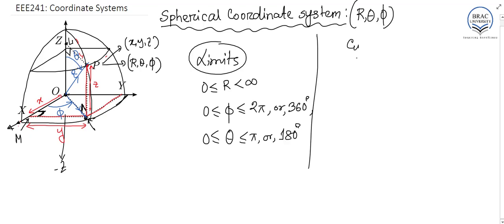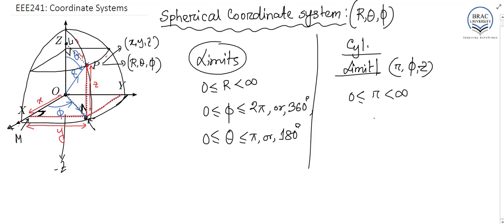In case of the cylindrical system, however, the variables are rho, phi, and z. The radius of a cylinder can be from 0 to infinity.